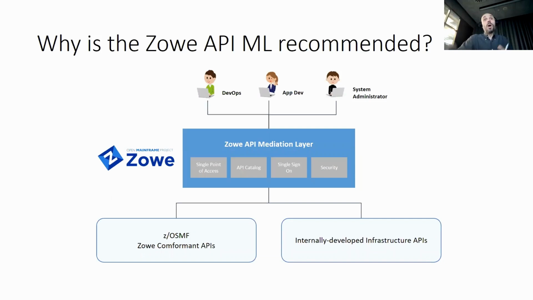So why do we recommend the mediation layer? Let's spend a bit of time looking at this particular visual that we have on the screen here. At the top end of the slide, you see three typical personas or roles that might be interested in Zowe extensions, whether that be a CLI plugin or a particular service.